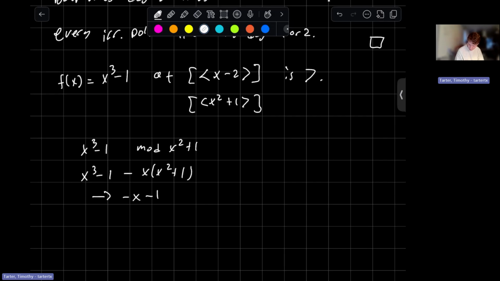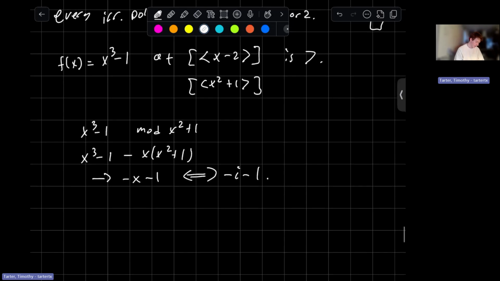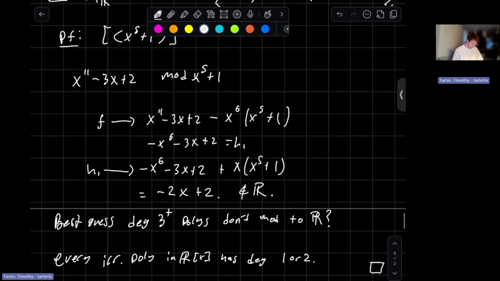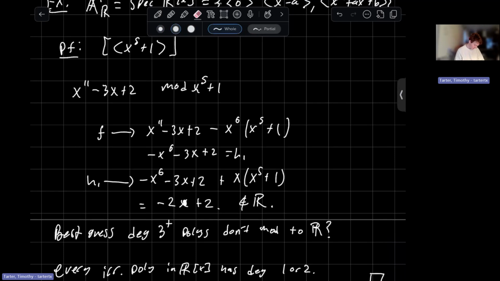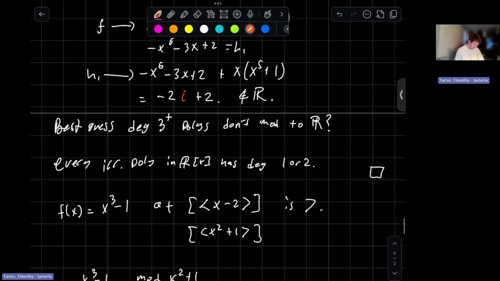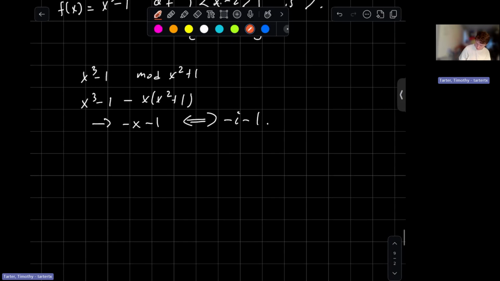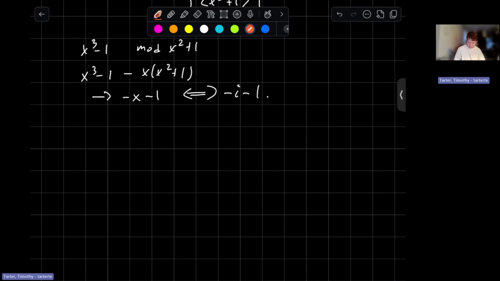which corresponds to minus i minus 1. Oh, so up here, this is minus 2i, and it's not in R, and that's why. Ah, that makes so much sense.